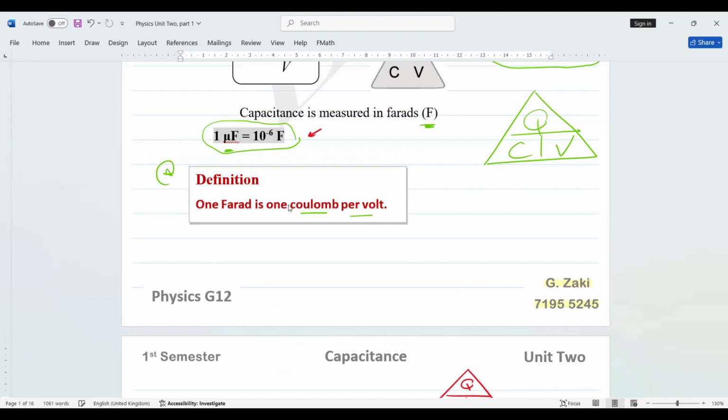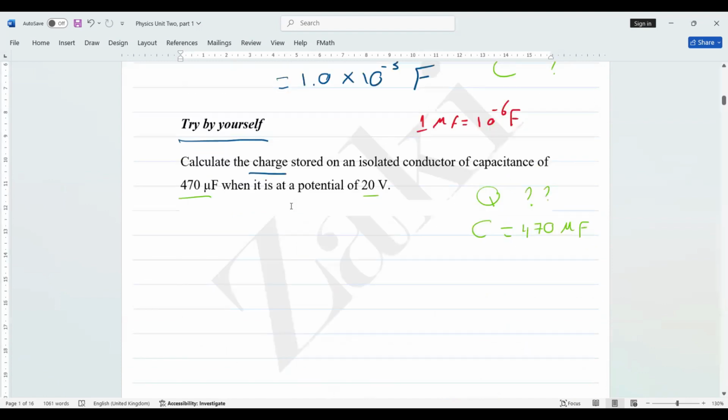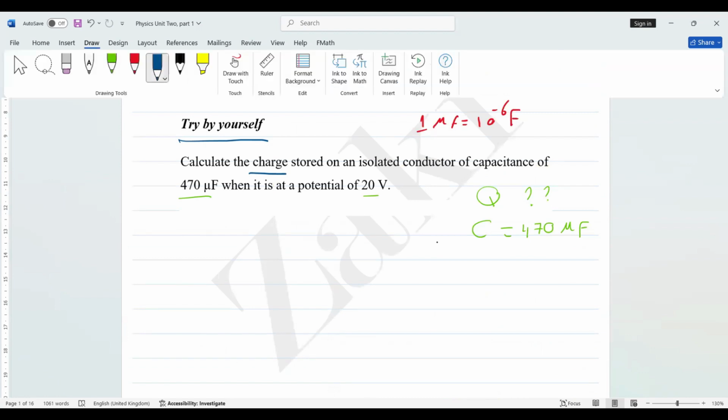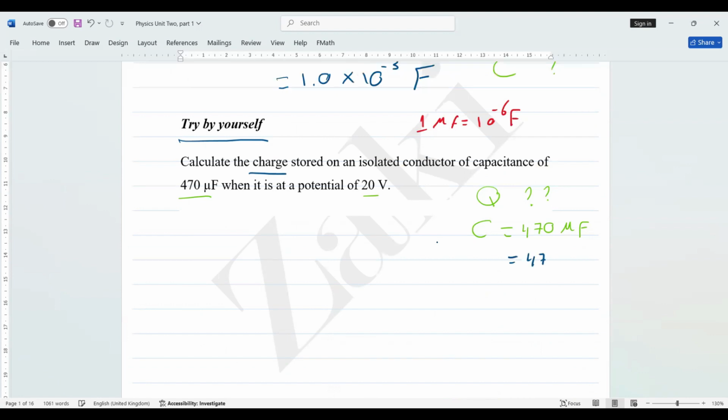Then I advise you to convert it to farad to be safe. So it's 470 multiply 10 power negative 6 to be in farad. The potential V equals 20 volt.